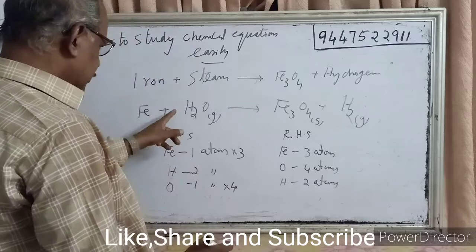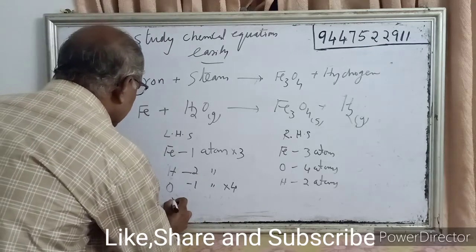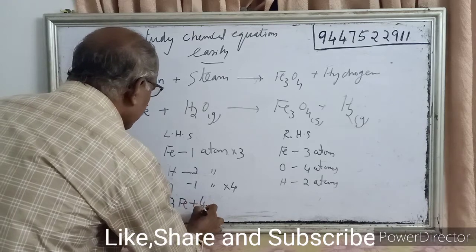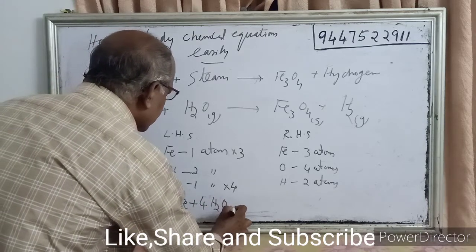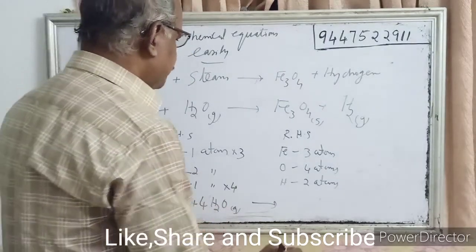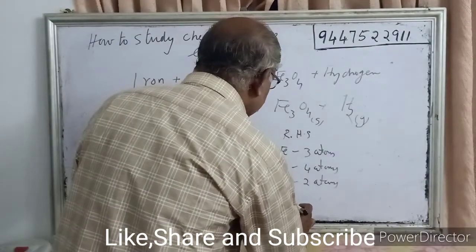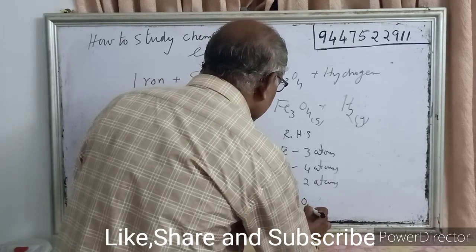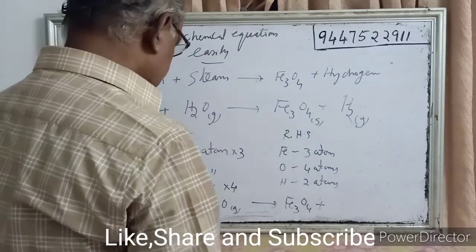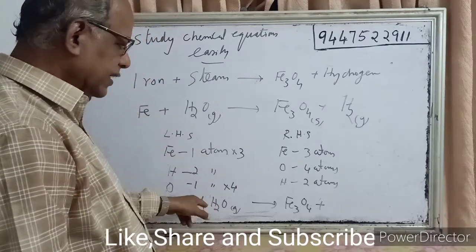So when you multiply by 4, this equation becomes 3Fe plus 4H2O gas gives Fe3O4 plus hydrogen. Here the hydrogen atoms, 4H2O has 8 atoms.